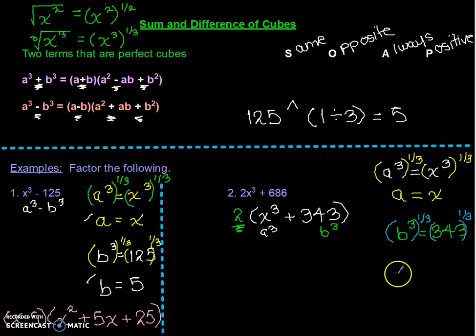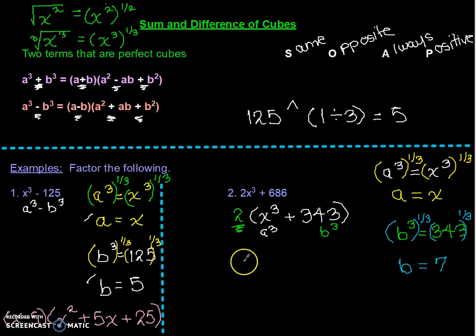So 3 times 1 over 3 would just give you b equals 343 to the 1/3 power. Make sure again you put the exponent in parentheses, and that should give you 7. And then you can always check it by multiplying 7 by itself 3 times. Once we're done with a and b, we can write it in its factored form using, in this case, the sum formula for the sum of cubes.